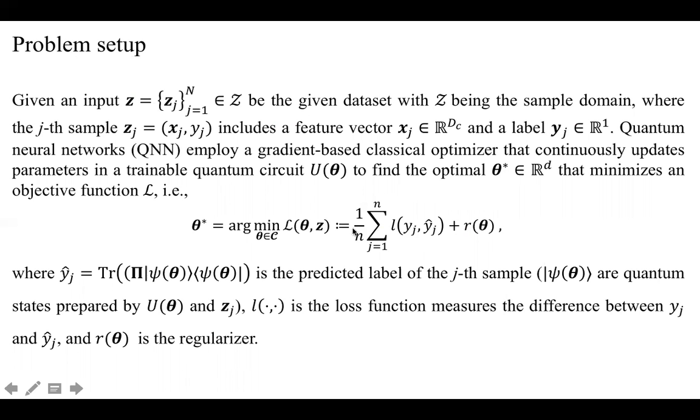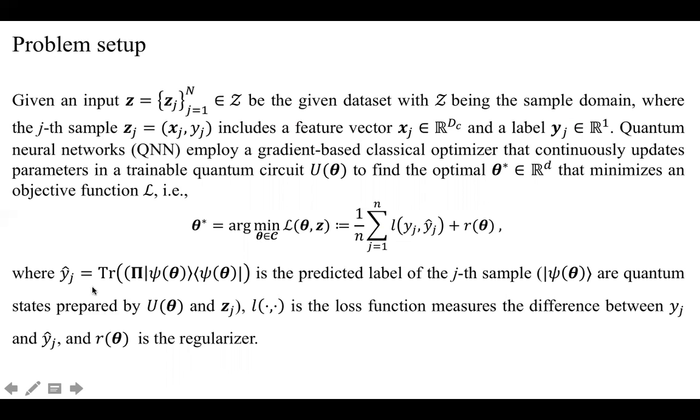Specifically, the objective function L contains two terms. The first one is the average of the loss terms, and the second one is a regularization term. For the loss term, y_j refers to the label of the j-th sample, and ŷ_j refers to the prediction of the quantum neural network.